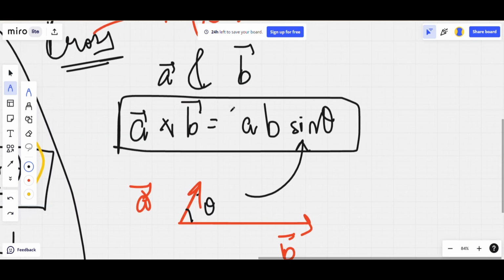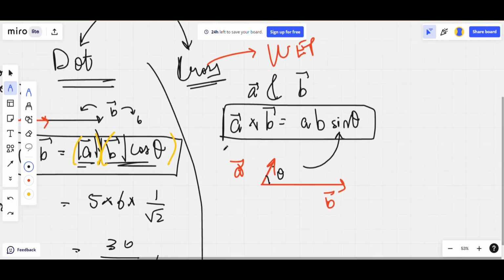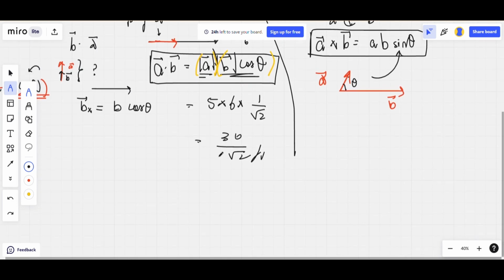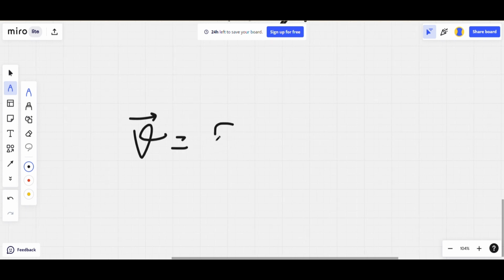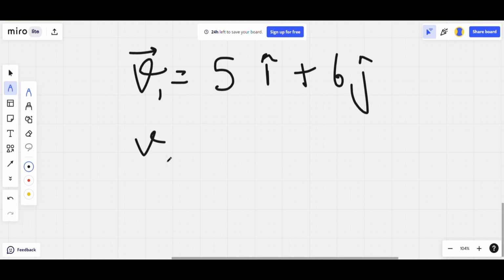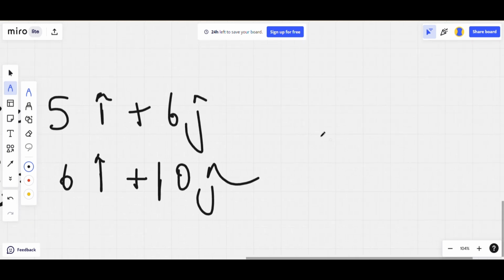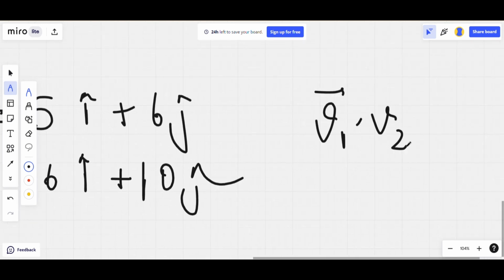Now there's more to this concept. For example, if we have a vector v1, which is nothing but 5 i cap plus 6 j cap, and another vector, let's say v2, which is 6 i cap plus 10 j cap. Now we are asking what is v1 dot v2. How do we do it?